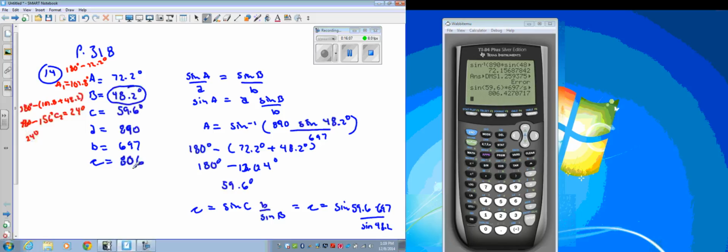Now you have to figure out the length if C was the other angle. No, this length will be the same.